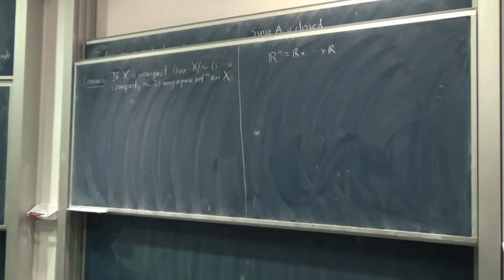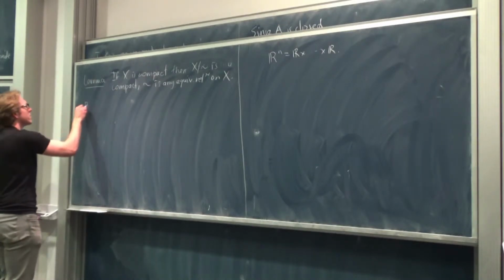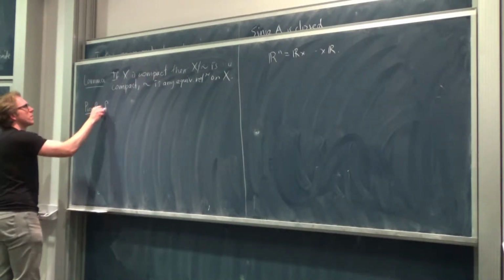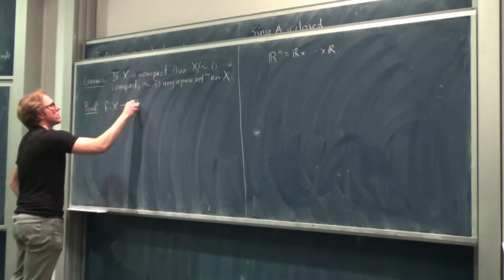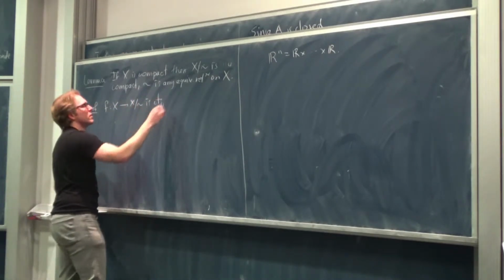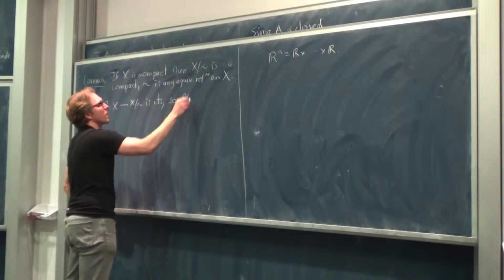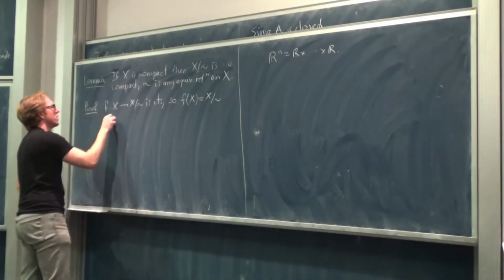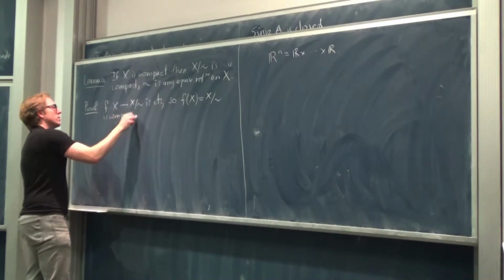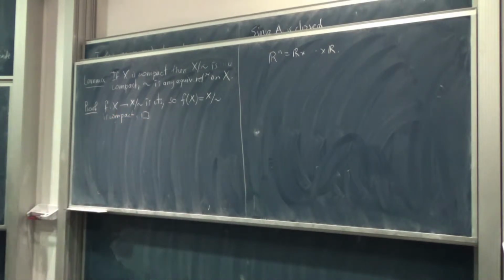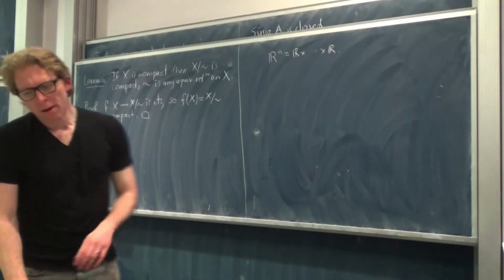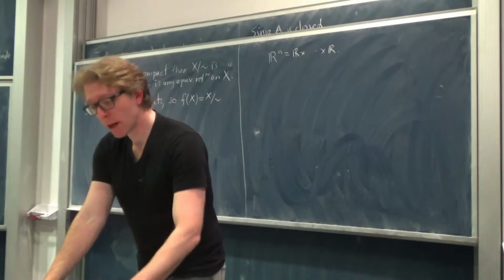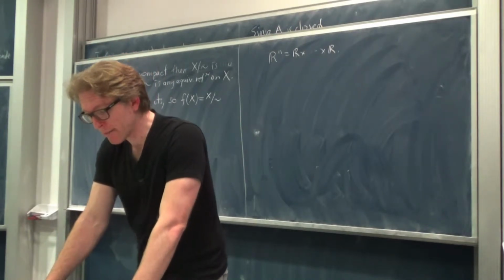So the image is compact and the image is everything. All right. So what I wrote down in the notes is just the special case of that argument repeated. Don't know why I did that. Okay, so any quotient of a compact space is compact.